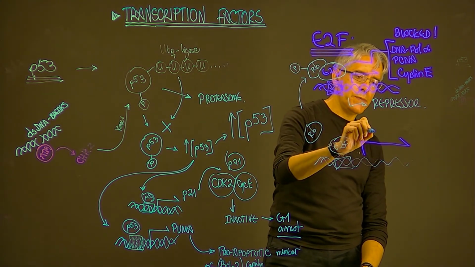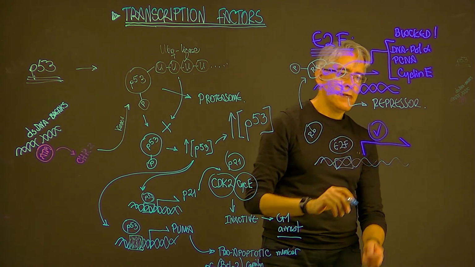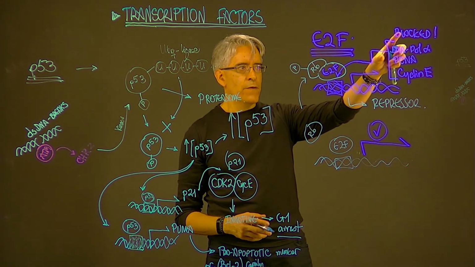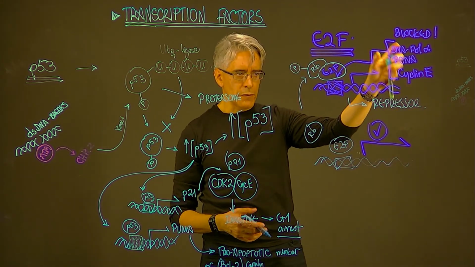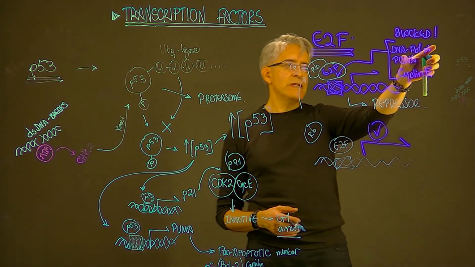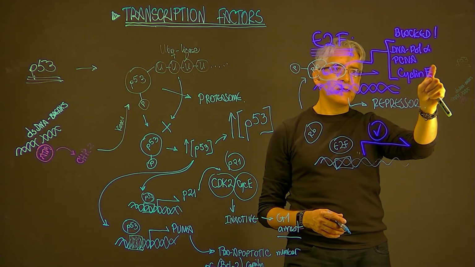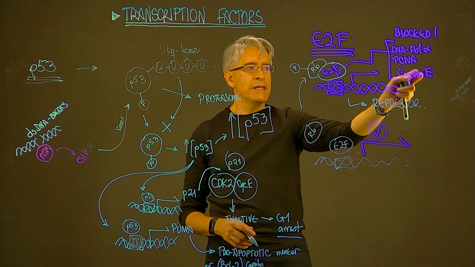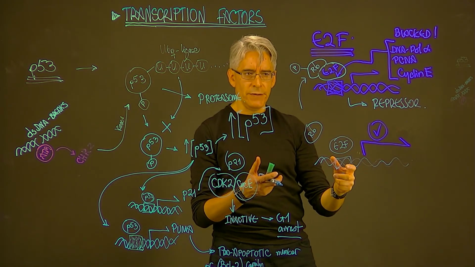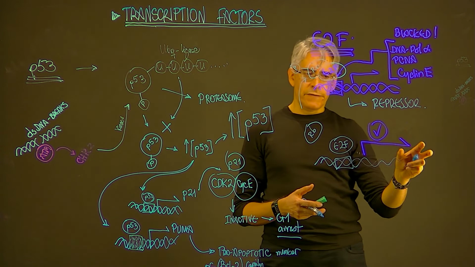So now the genes will be transcribed, and therefore these different proteins will be produced, and the synthesis of these 3 different types of proteins, DNA polymerase alpha, PCNA, cyclin E, will allow the cell to go into S phase.